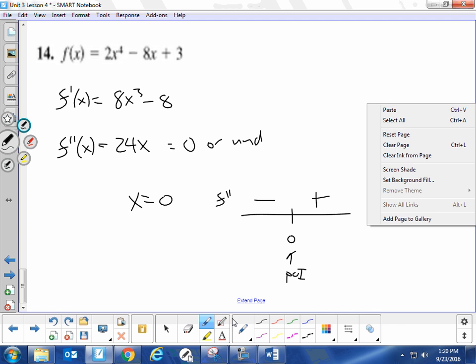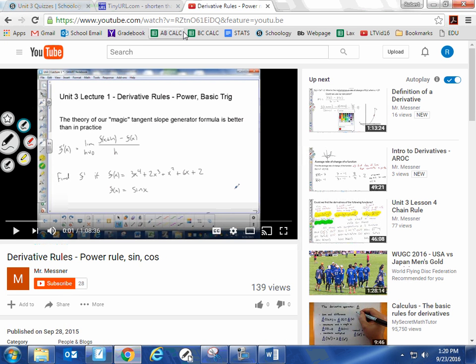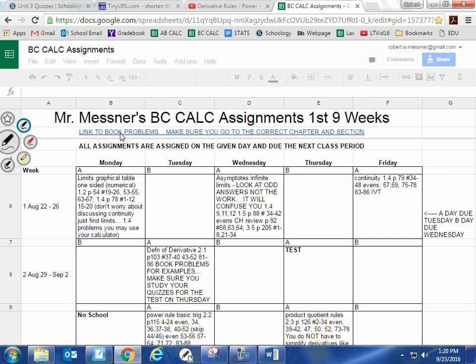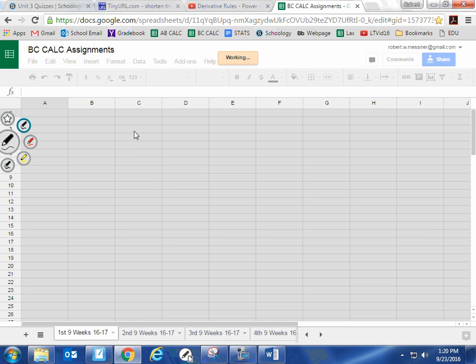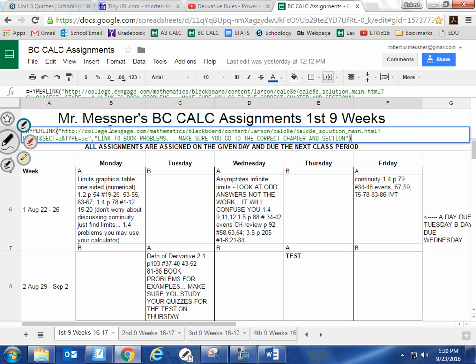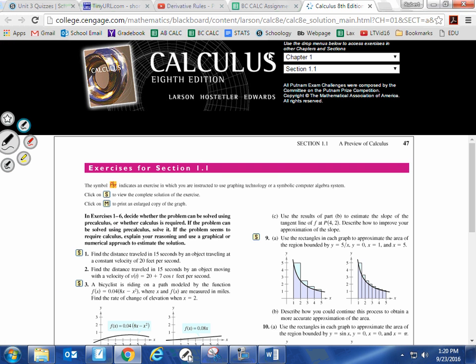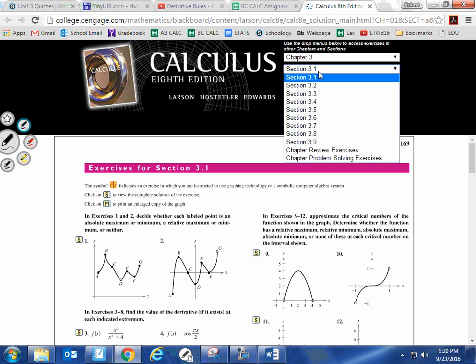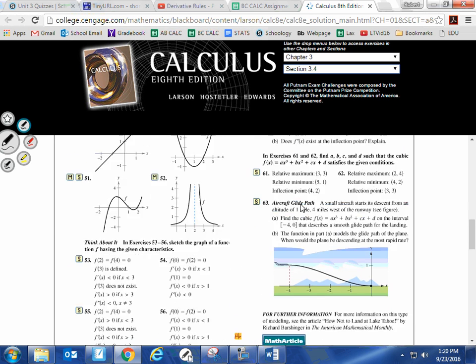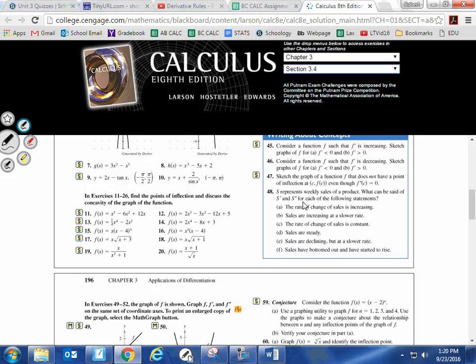Let's see if there is another question that you had to do with that. Yep, just find the points of inflection, discuss the concavity.